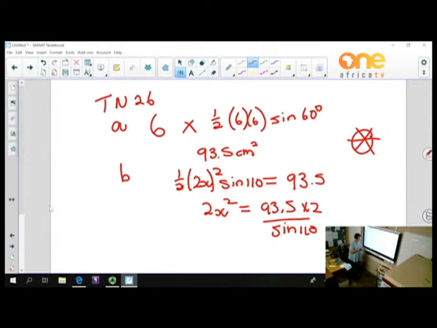So 93.5 divide by sine 110, divide by 2. So I got 49.59. And if we root it in there, it will be 7.04.